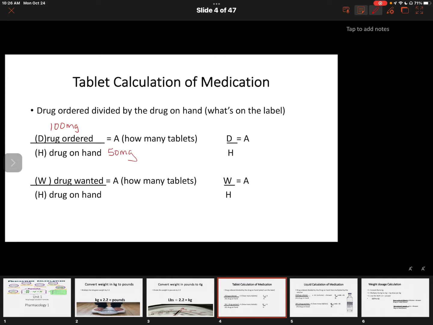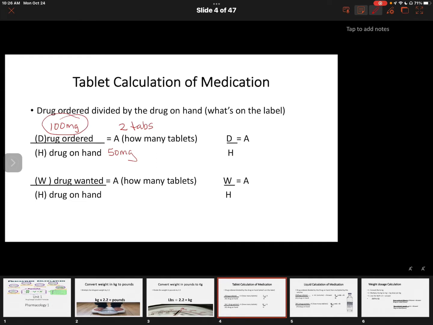I would divide it by 50, and that's going to provide me my answer. And my answer is going to be 2. So I would end up giving 2 tablets of 50 milligrams each to equal 100 milligrams, which is what's ordered.